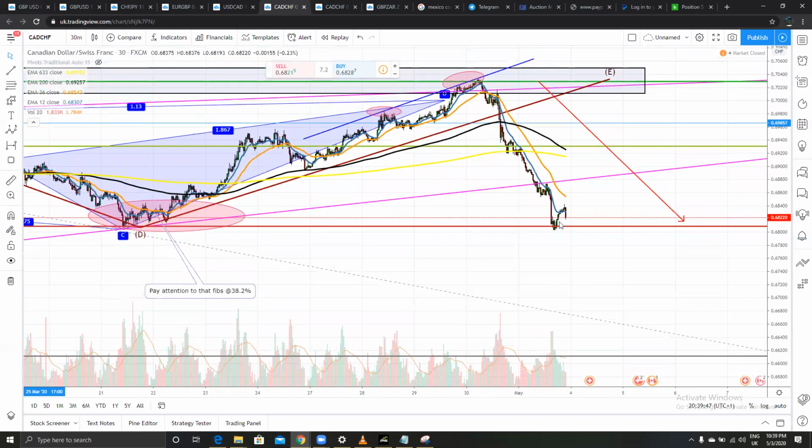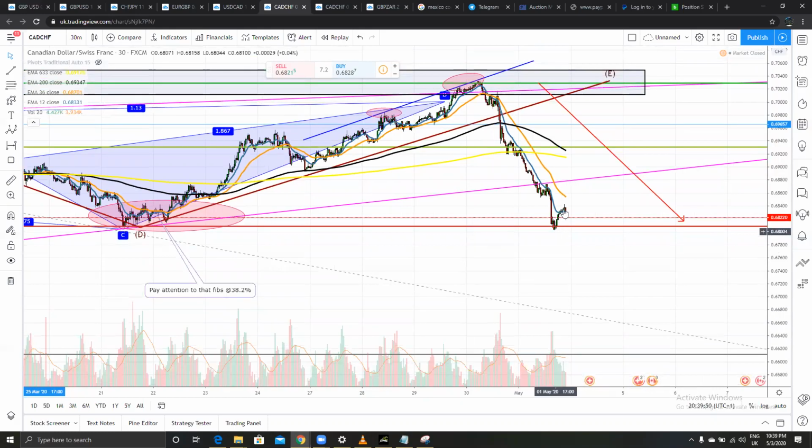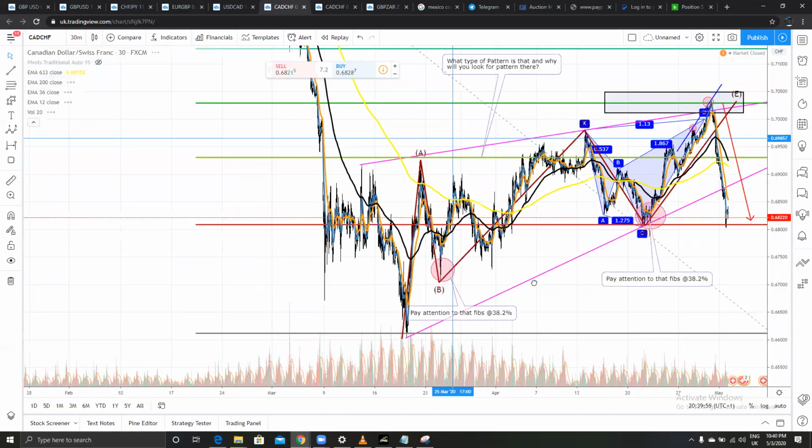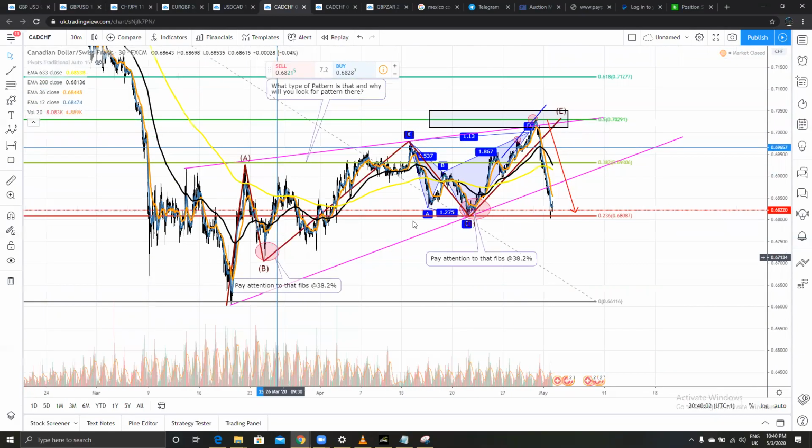Take it because the price ended on this exact support, but I don't think this price will stop where it is. The reason why this price is not going to stop where it is now is this. Look at the structure. When this structure is broken, it's completely different.